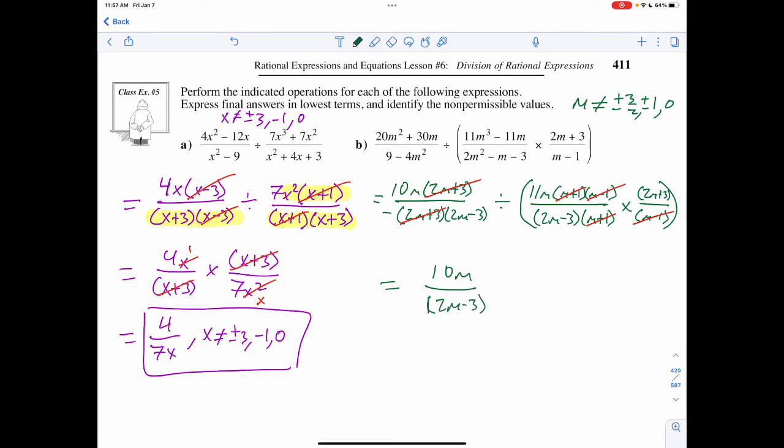And when I take the reciprocal of what's in the brackets here, the numerators are going to go to the denominator. So I have 11m and 2m plus 3. And in the denominator, I was just left with that 2m minus 3.